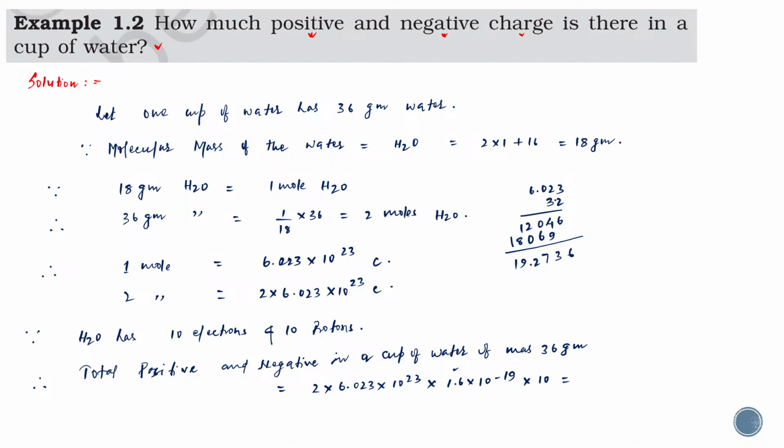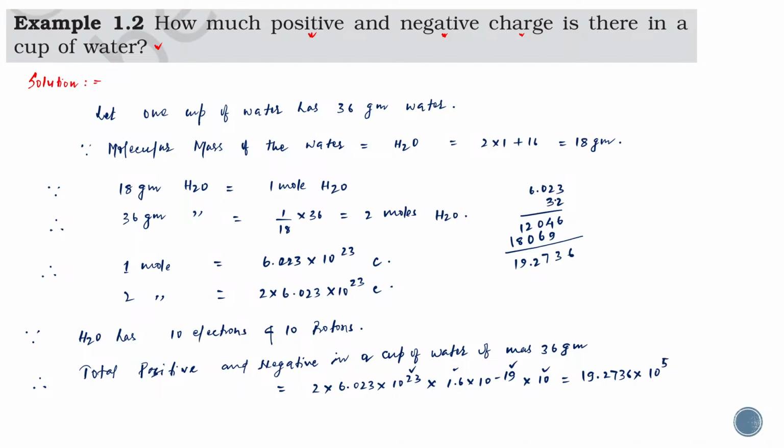So we write down here 19 into 2.736 into 10 to the power minus 19, 10 to the power 10 and 10 to the power 23, plus into 10 to the power 1, equal to 10 to the power 24, and 10 to the power 24 minus 19 equal to 10 to the power 5.